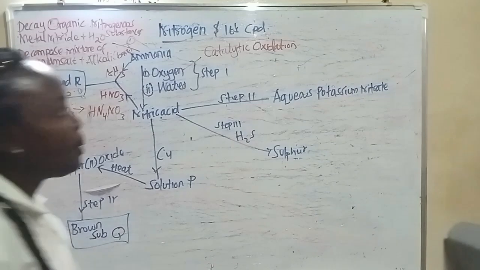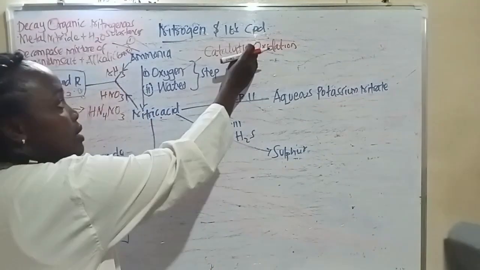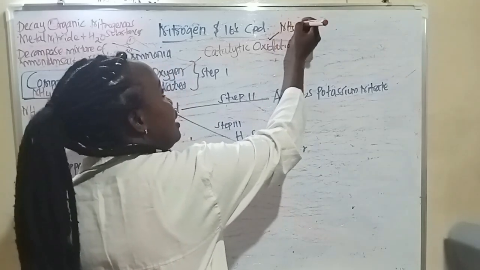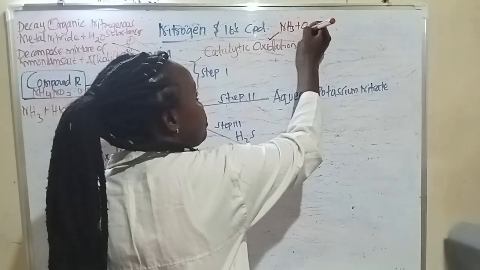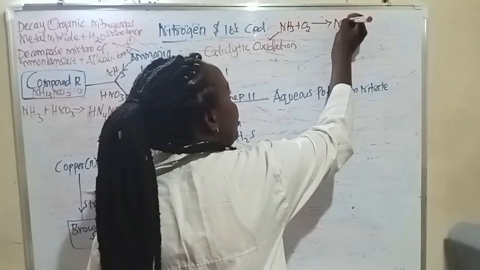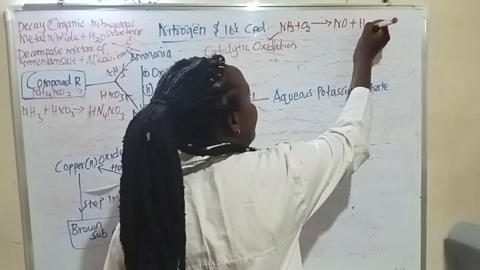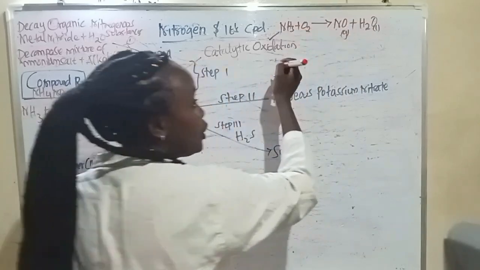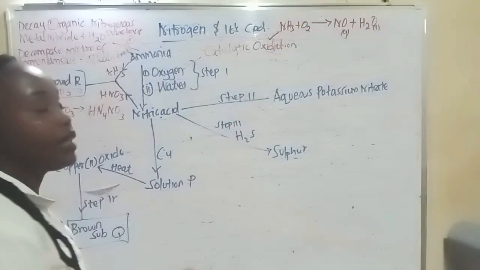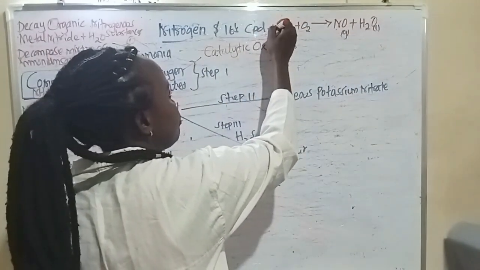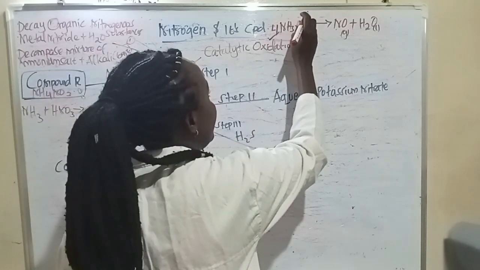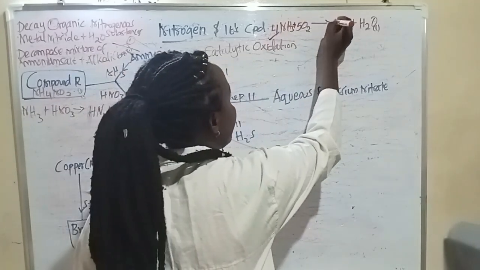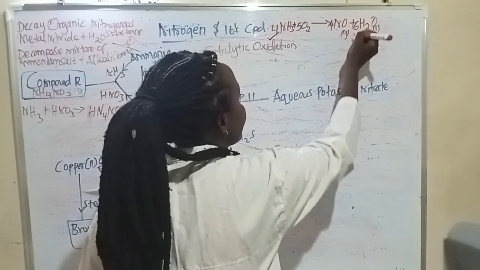Catalytic oxidation, meaning that the reaction here is ammonia plus oxygen to give you nitrogen(II) oxide plus water. And when you balance it, you put a 4 there and a 5 here, and you balance by putting a 4 there and a 6 there.